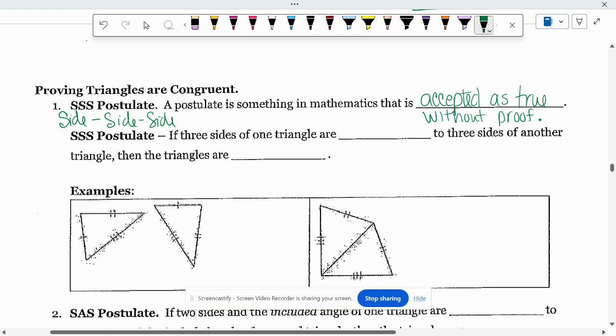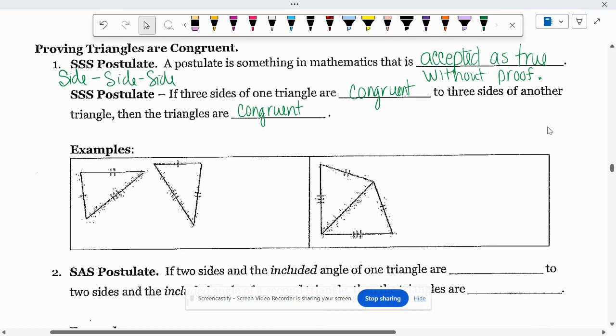So we're going to use the SSS postulate, which stands for side, side, side. The SSS postulate says, if three sides of one triangle are congruent to three sides of another triangle, then the triangles are congruent. So here's an example.